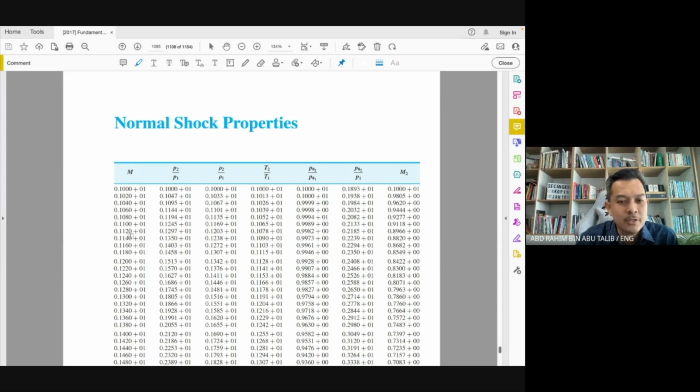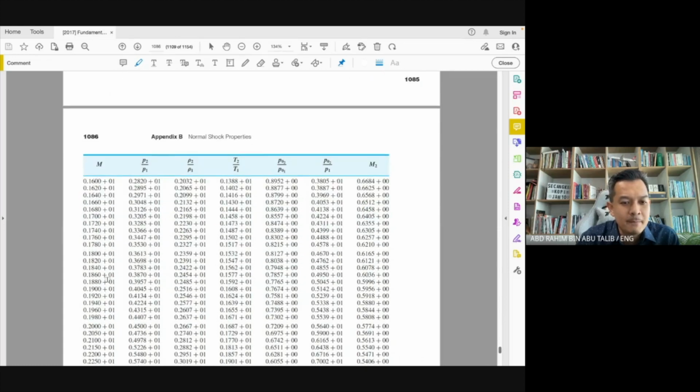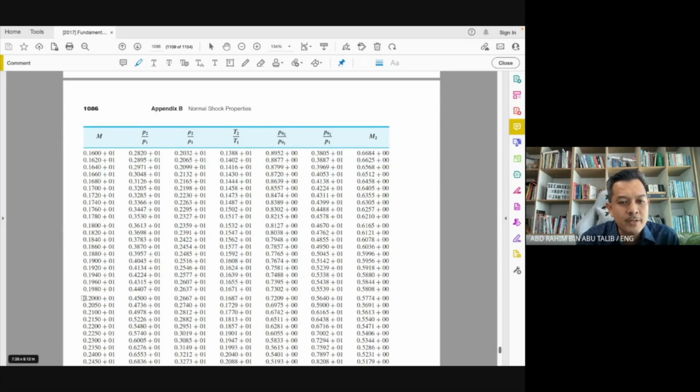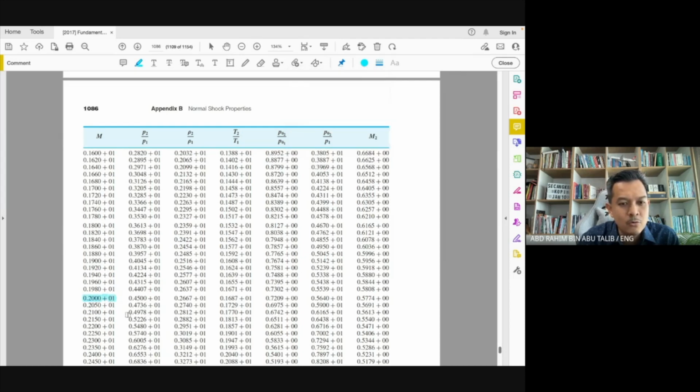All right. So if we read over here, where the Mach number equals 2, this is the Mach number. Let me just try to highlight it with a color over there. Okay, so we have Mach number equal to 2.